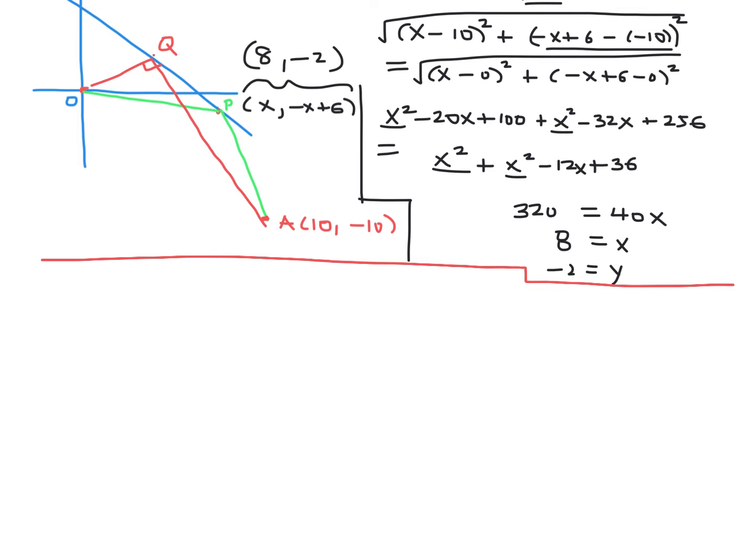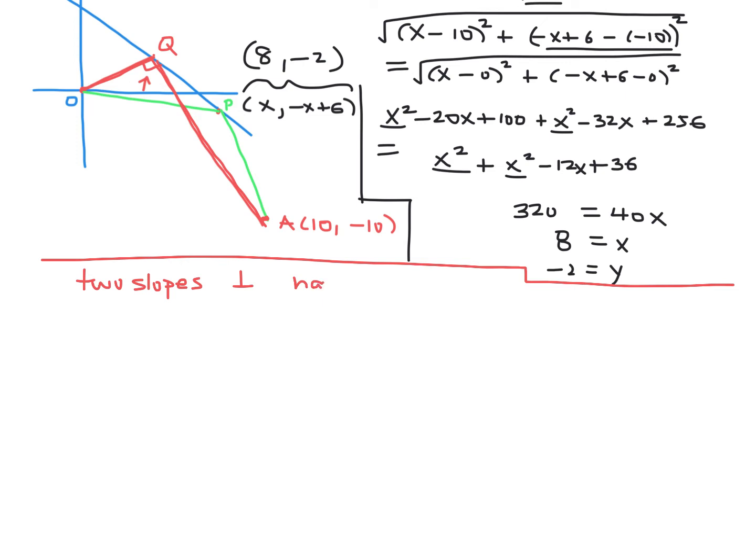I think we'll probably just look with slopes. I think that would be better. If this is a right angle, then the slope of this line and the slope of this line will be negative reciprocals.